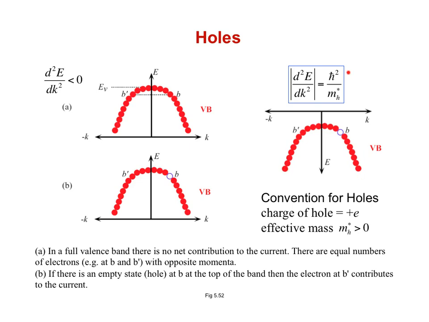In this way, we have a positive effective mass for holes, still depending on the second derivative of the dispersion relation. By inverting our E versus k diagram for holes, we think of our holes as reducing their energy by rising to the top of the band. The convention for holes is to think of their electric charge as +e, while that of electrons is −e.